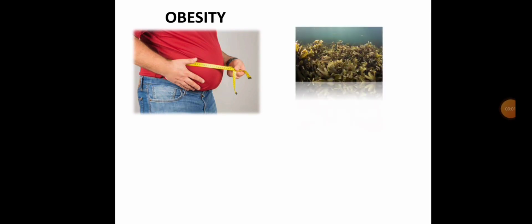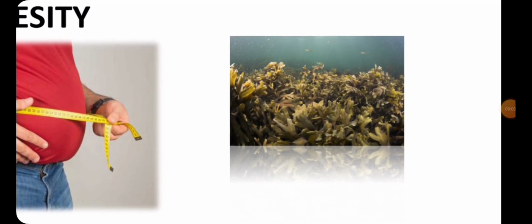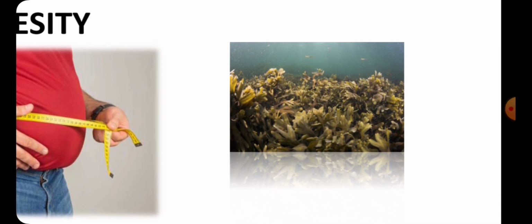Now we will see the different types of homeopathic mother tinctures we can use in our day-to-day life or practice. With this picture, you can say that we are speaking about obesity. So for obesity in homeopathy, what are the mother tinctures? Seeing this picture, what you can see, there is a sea and inside there are some weeds, plants, right?